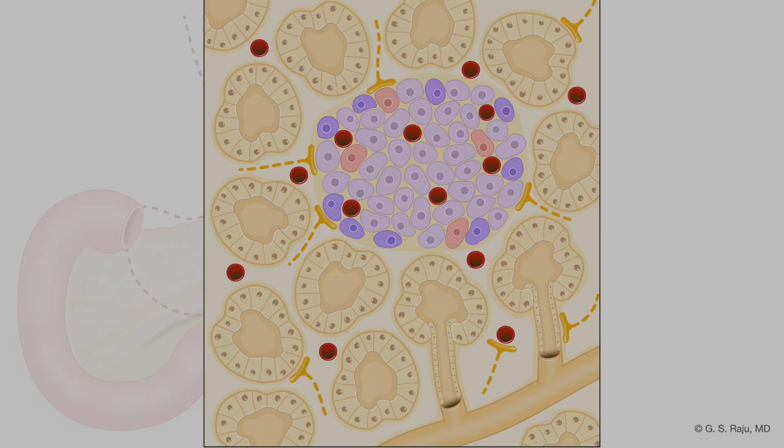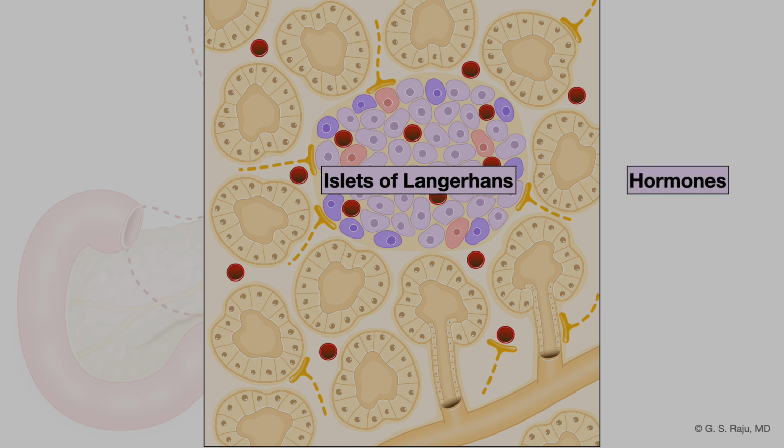And let us go into a little more detail. Here in the center, you see islets of Langerhans, that is the endocrine compartment of the pancreas. The islets secrete hormones like insulin, glucagon, VIP, and pancreatic polypeptide, etc. And then there is an exocrine compartment in the form of acinar cells that secrete various enzymes.